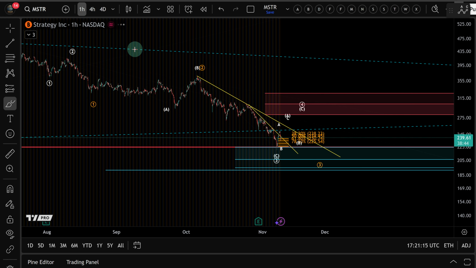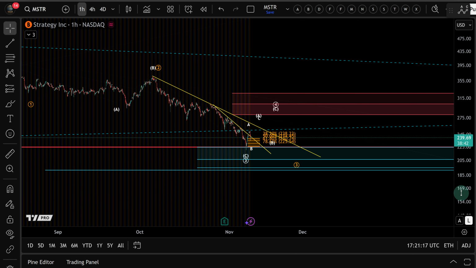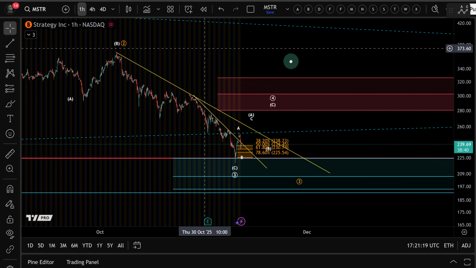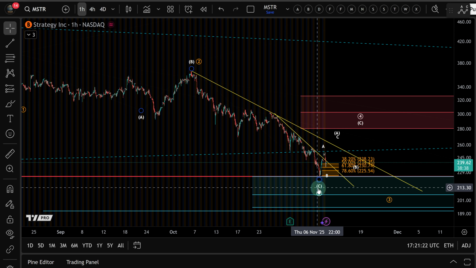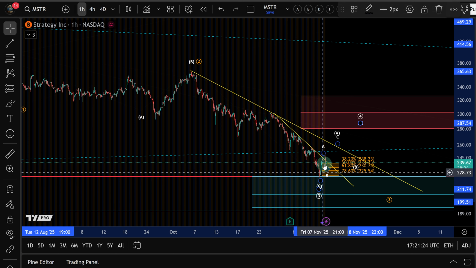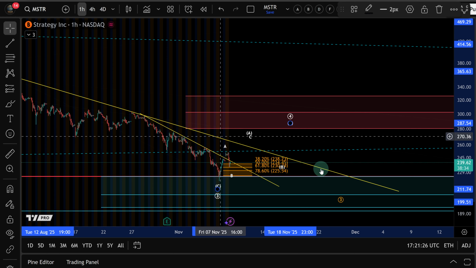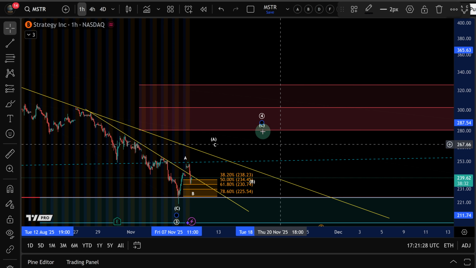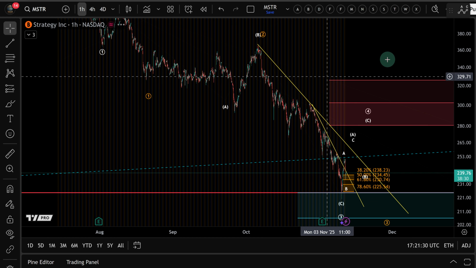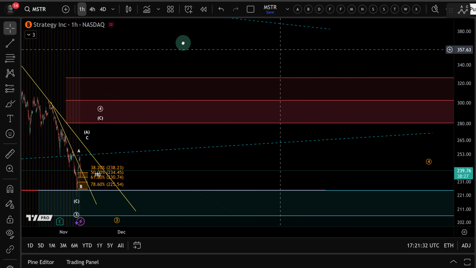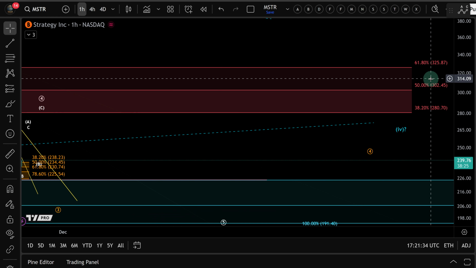If we go to the 1 hour time frame and look at the nano structures, then we can see that in wave C of 3 to the downside, we might have formed a low. It's still very early days, and it's crazy how volatile this chart is. The resistance area for a wave 4 bounce, I gotta zoom out a bit, is between $280 and $326.